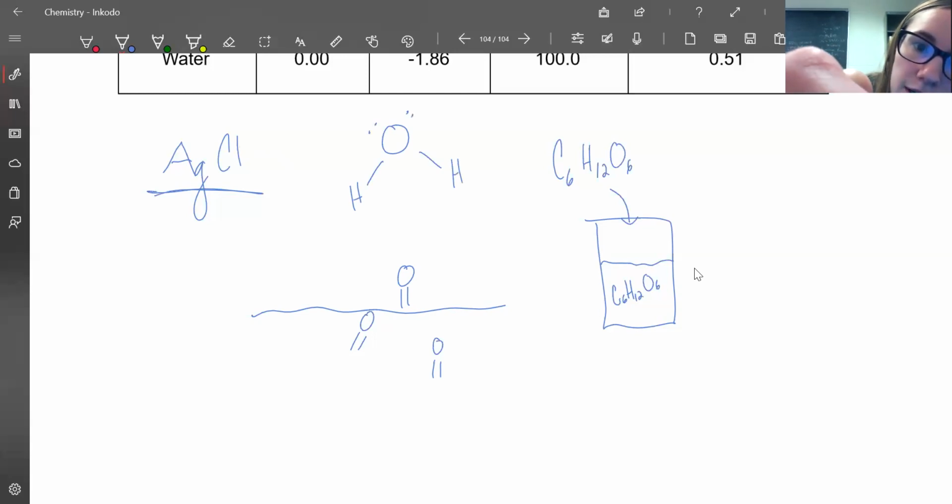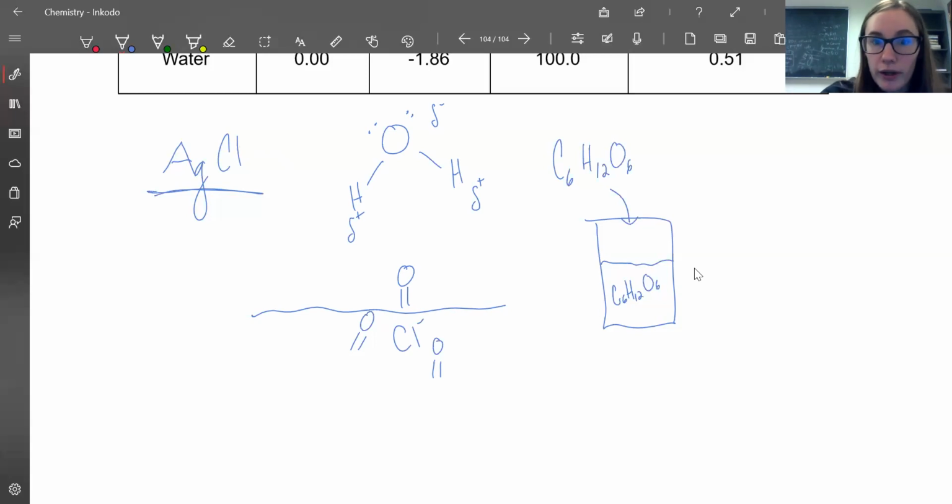The issue here, so we know water looks like this. All right, so this side is a little bit negative. These sides are a little bit positive. Okay, so let's say that you do have that Cl minus here. Well, we know that positives and negatives are attracted to each other. So what happens is there's this kind of attraction here. And there's an attraction here.